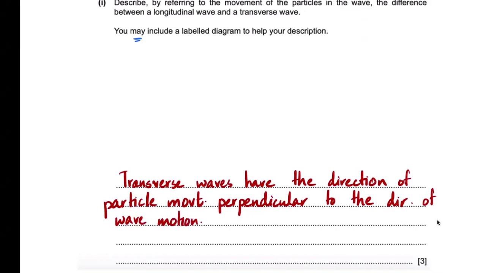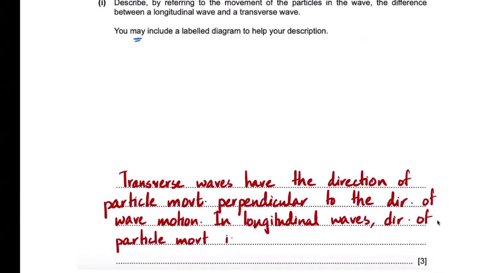In longitudinal waves, direction of particle movement is parallel to the direction of wave motion. This is all there is to it. So yeah, that gets you 3 marks.